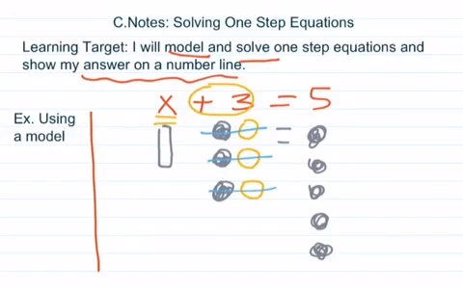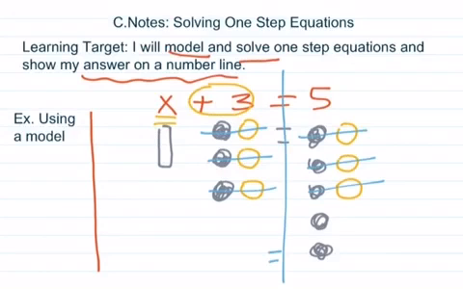But since it's an equation, if we do something to the left side, I also have to add 3 empty circles to the right side. So that also creates some 0 pairs. Okay, but if you notice on the right side, all of the circles are not gone. So now we look, what do we have left on the left side here?